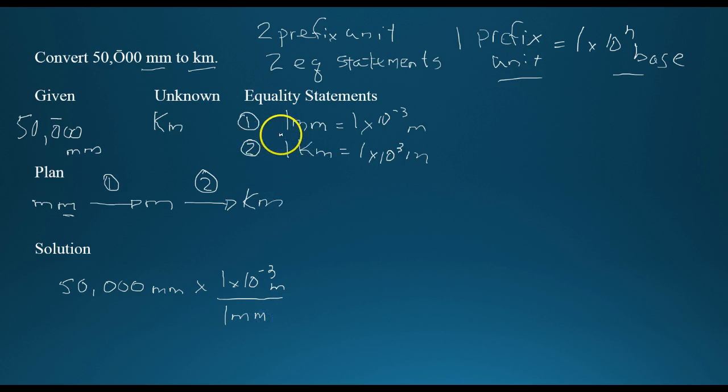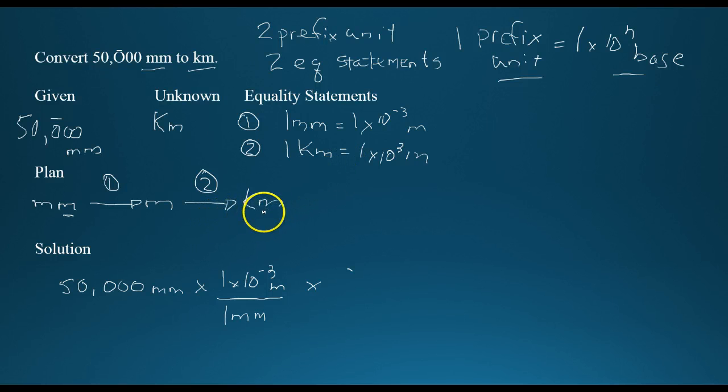So those numbers have to go with their respective unit in order to be equal to one another. So now we're going to carry this through to the second part of our problem, where we're going from meters to kilometers. We have to use the second equality statement.